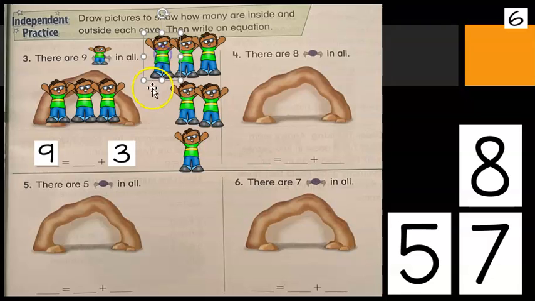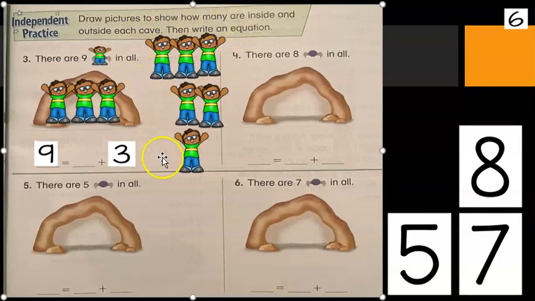These boys, look, are on the outside of the cave. These ones are inside. Look, 1, 2, 3. So Mr. Begay put 3 there. Now you're going to have to count these up again because these boys are on the outside. Let's count. 1, 2, 3, 4, 5, 6.